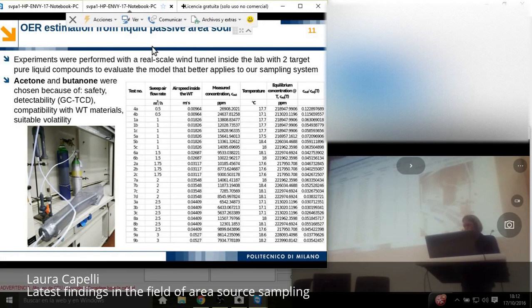Okay, if you pretend to regulate or to prove the performance of your device, you have to set some parameters, right?